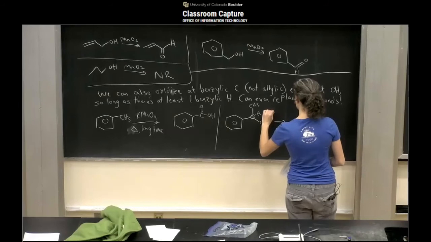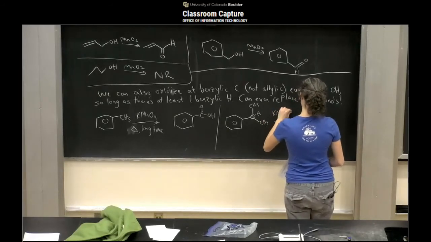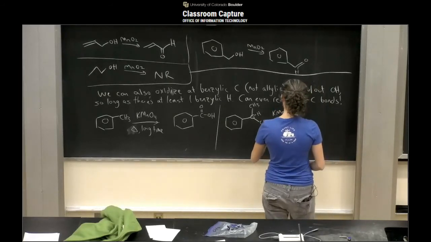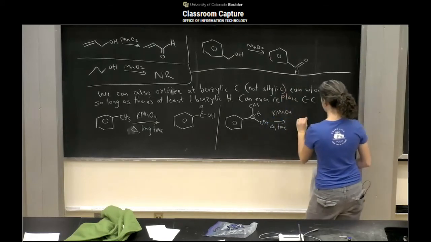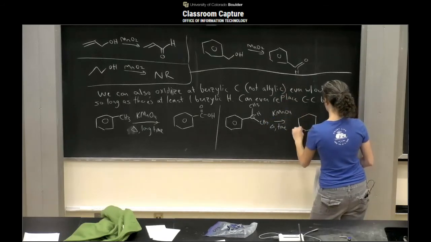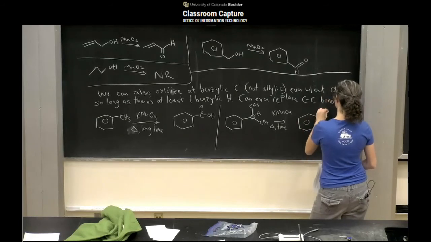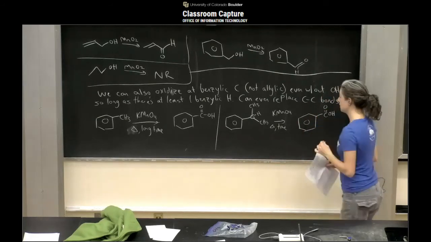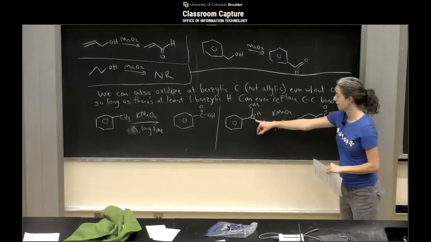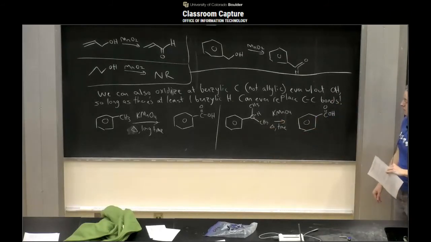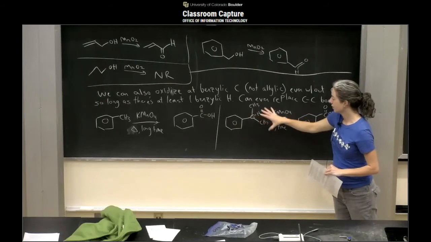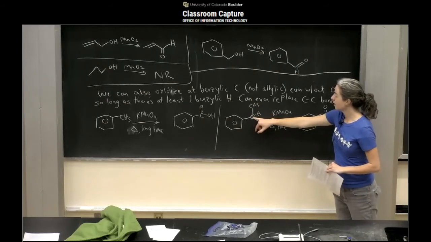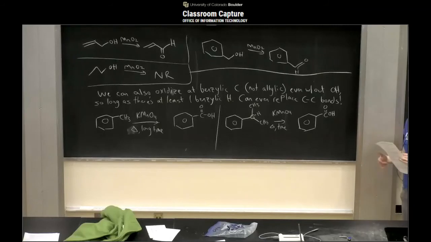With KMnO4, heat and time, that will actually get you exactly the same product. Both of those methyls are coming off just because that position is susceptible enough to oxidation that the whole thing is just going to come off, and you're going to end up with a carboxylic acid on there.